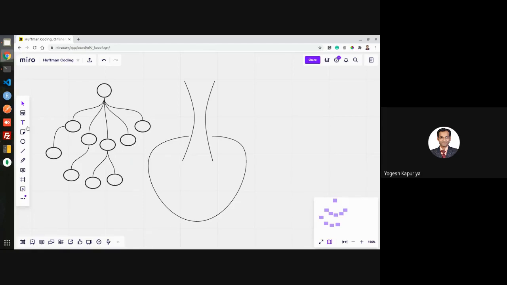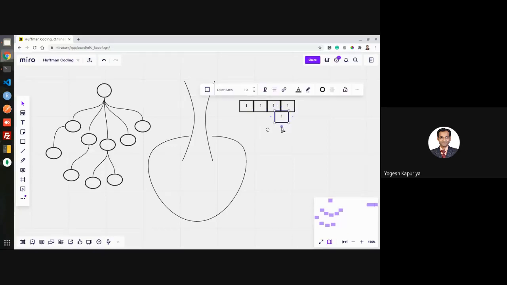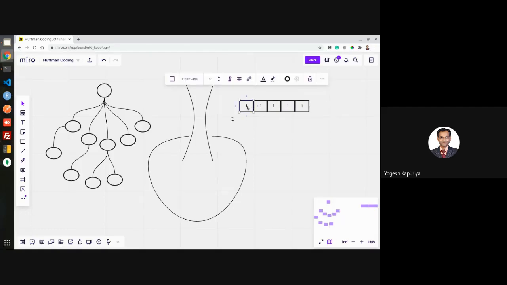Why? In any linear data structure, what you have is something like this. Let us say it is an array. So you will have something over here, then something like this. This is an array, and you can always access the element with the index.